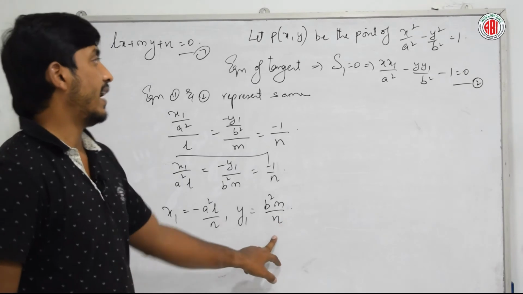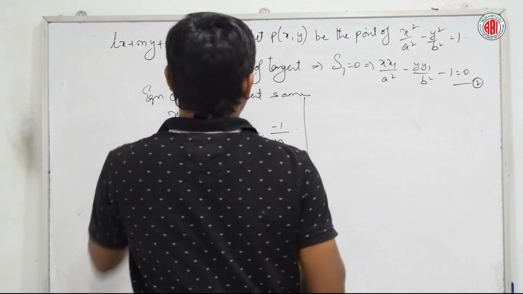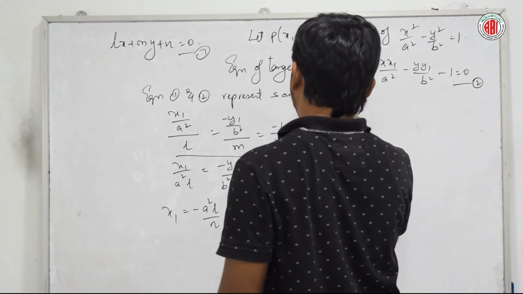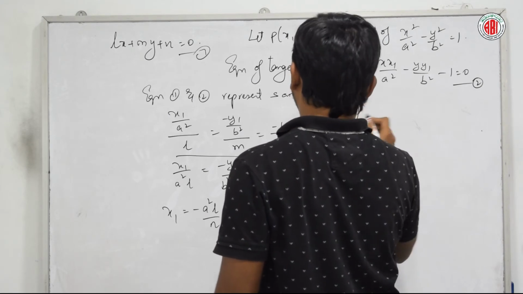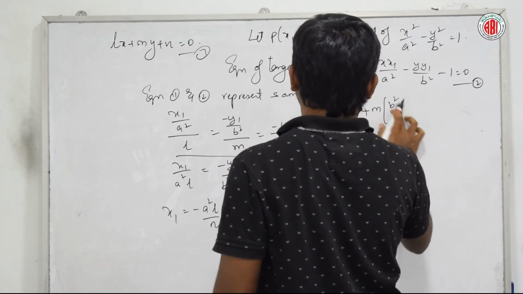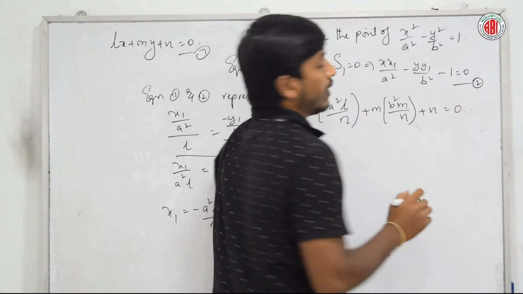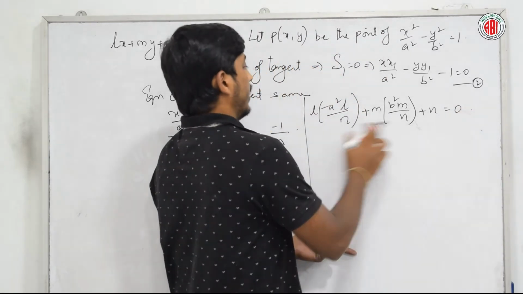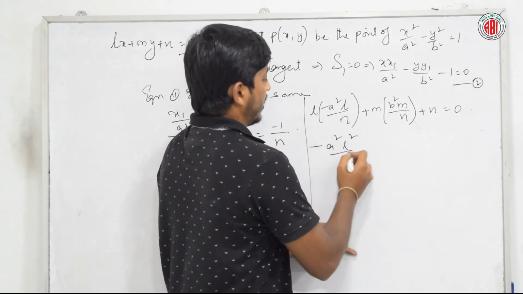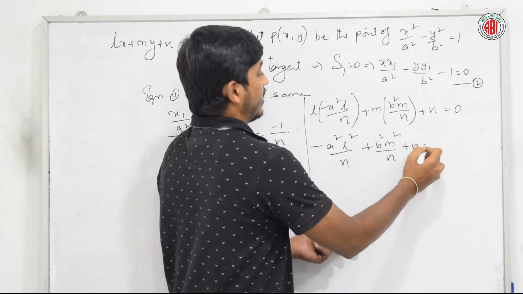Now let us substitute this x1 and y1 in any one of the equations. Let us substitute in this. That will be L into x1 plus m into y1, b square m by n, plus n is equal to 0. Is it? Then if I take LCM as n, this will be minus a square L square by n plus b square m square by n plus n is equal to 0.